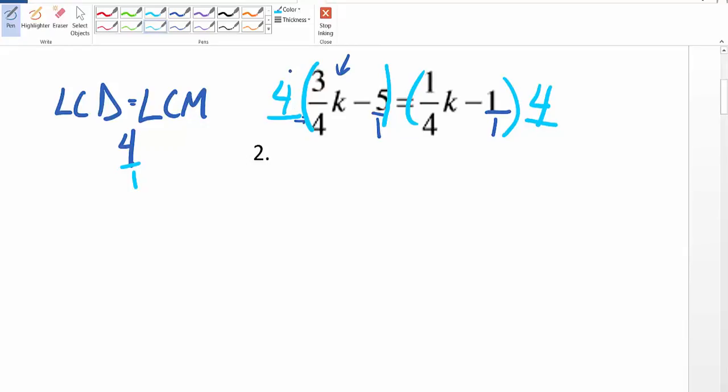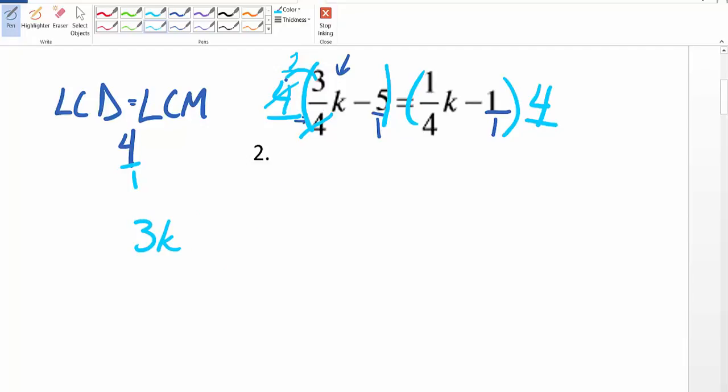Now, if we go ahead and distribute this 4 right here, and we notice at the bottom is also 4, we can ask ourselves, how many times does 4 go into what we're multiplying by the LCD or LCM 4? Well, that goes in one time. 4 goes into 4 just one time. And then that 1 that's left over is going to be multiplied by our numerator, the 3. So 1 times 3, we get the 3k.